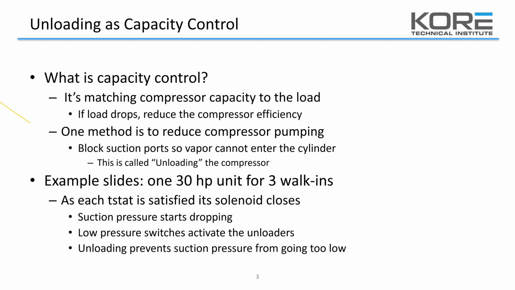So whenever the load drops, we're going to reduce the compressor's efficiency or change its ability to pump the prescribed amount of gas that it can do. So we're just going to reduce its ability to move as much as what it normally does. One of those is to use an unloader, which blocks the suction ports, preventing the piston from effectively pumping any gas.